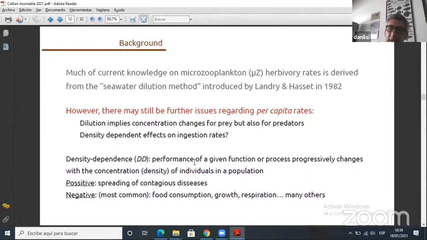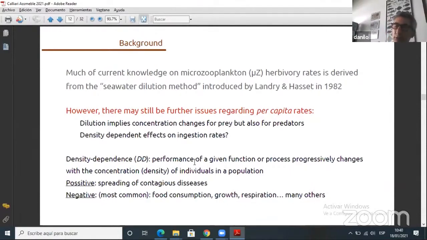And so the immediate, kind of obvious question is what happens to eventual density-dependent effects on microzooplankton ingestion rates? By density dependence, of course, we understand that phenomenon where the performance of a given function or process progressively changes with the concentration, that is the density of individuals within a population. Normally, people understand that there could be positive and negative density-dependent effects.